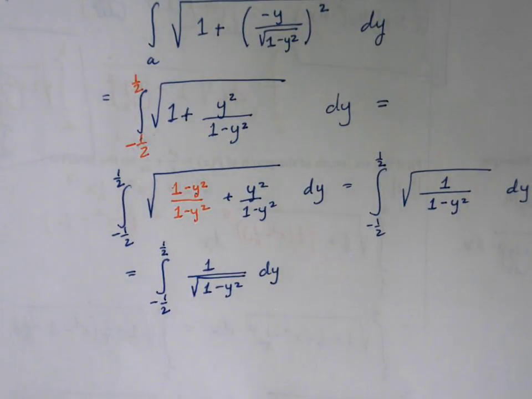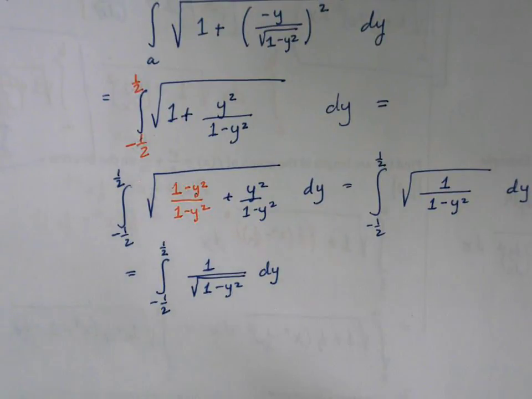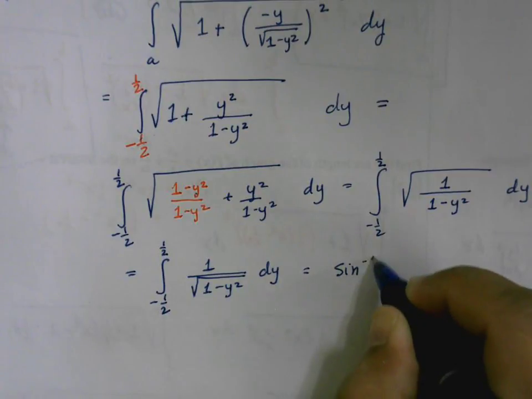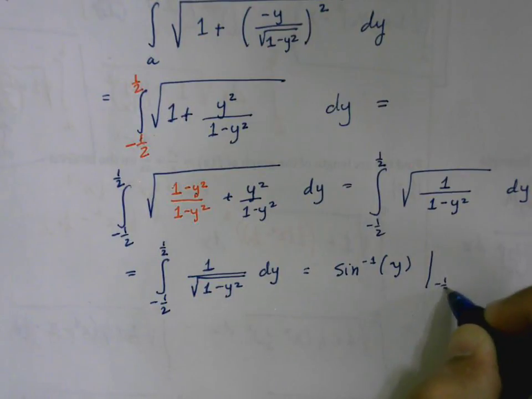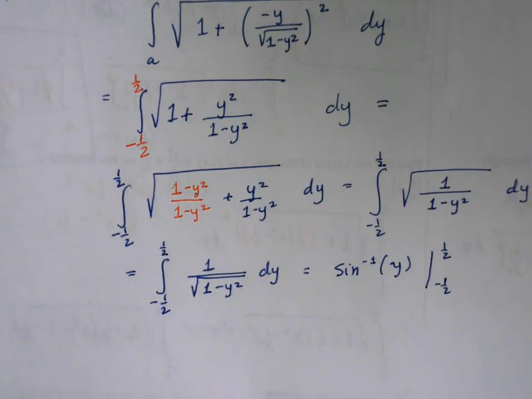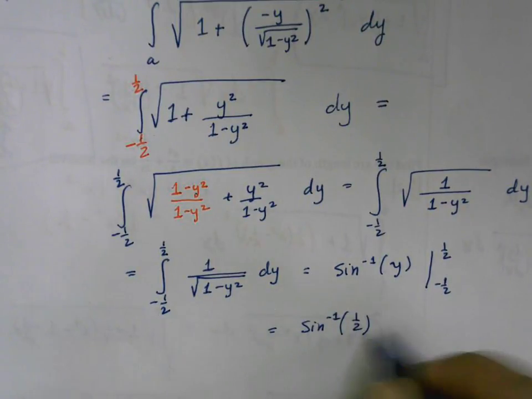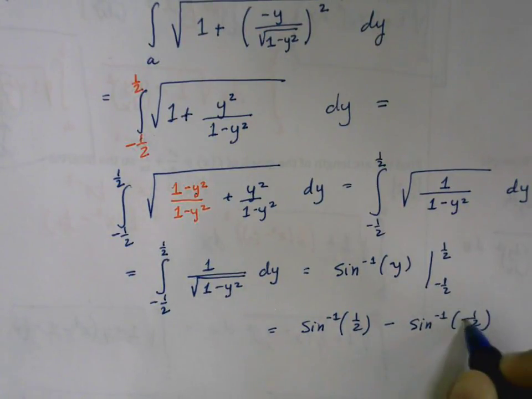Okay. At this point, I hope that a light bulb or a bell goes off for you, because this antiderivative should look pretty familiar. It turns out this is in fact equal to the sine inverse function of y, evaluated between negative half and positive half. So this is equal to the sine inverse of 1/2 minus the sine inverse of negative 1/2.